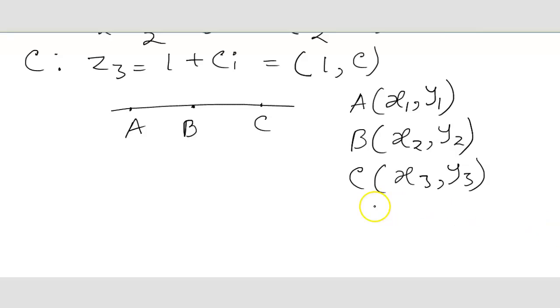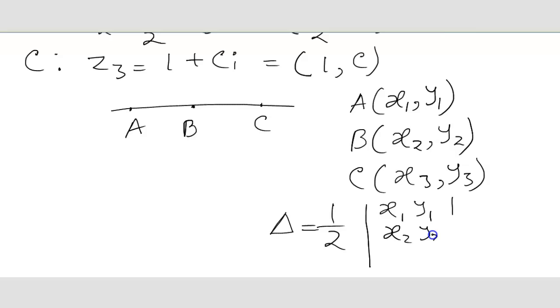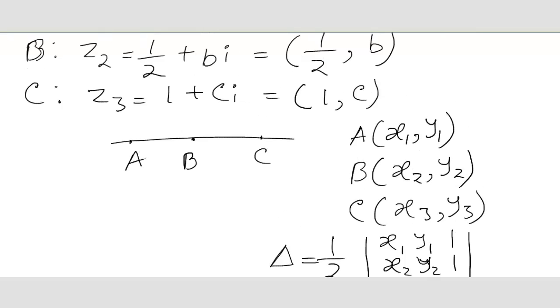Then what will be the best formula to find the area of the triangle? The area will be simply given by this determinant, something like this. If we could solve the determinant, then we will find the area.